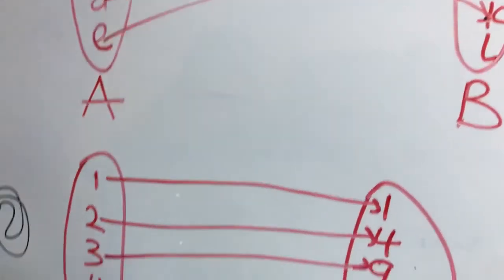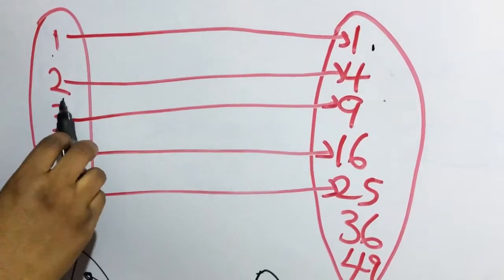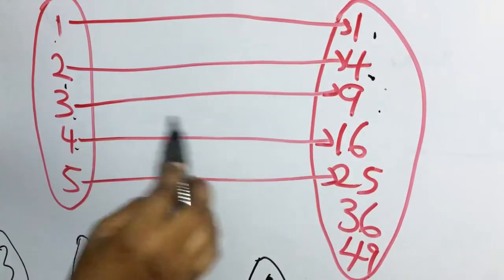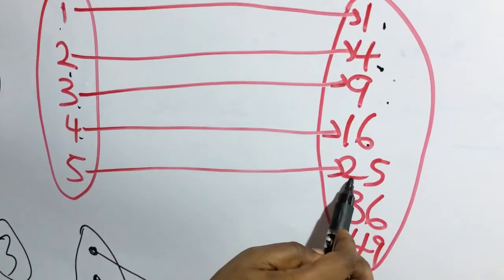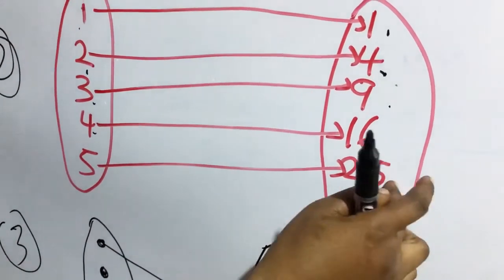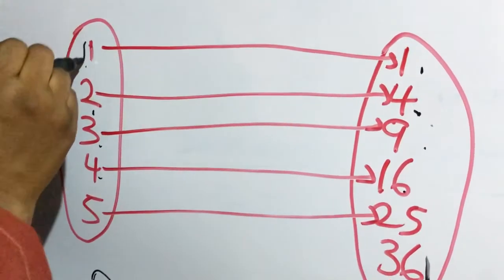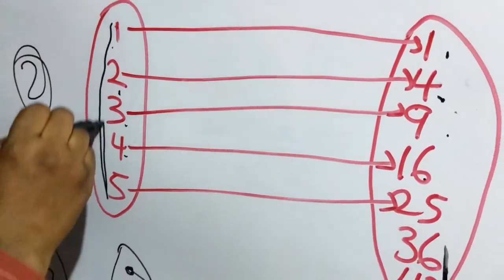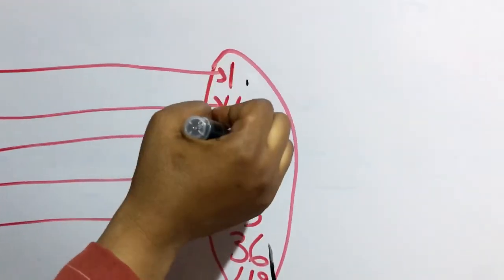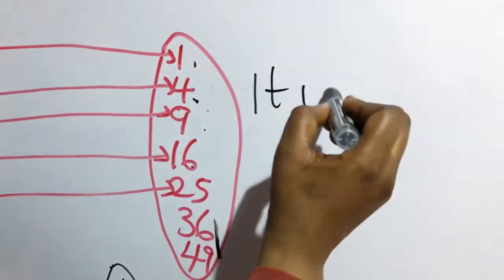Now let's check the other one. 1 is assigned to 1, 2 is assigned to 4, 3 is assigned to 9, 4 to 16, 5, 25. We have other 2 elements here untouched, so it doesn't matter. So since all the elements in the input is assigned to exactly 1 element in the output, that means it's a function.